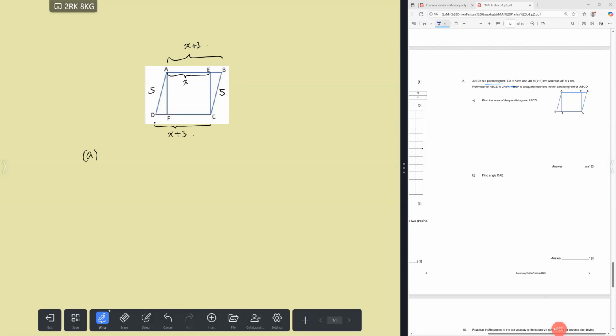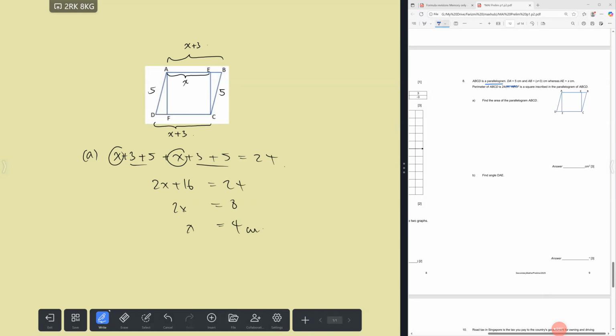You can write down x plus 3 plus 5 plus x plus 3 plus 5, and this gives you 24. 3 plus 5, 3 plus 5, and 2x. You get 2x plus 16 equals 24. 2x equals 8. x equals 4 cm. So great, you have already found x.